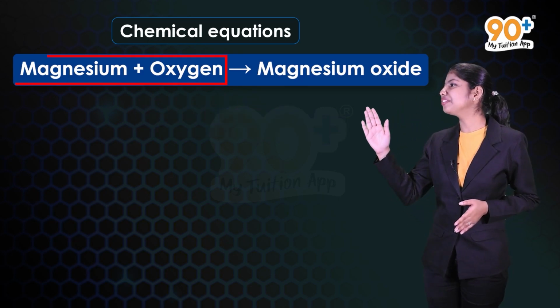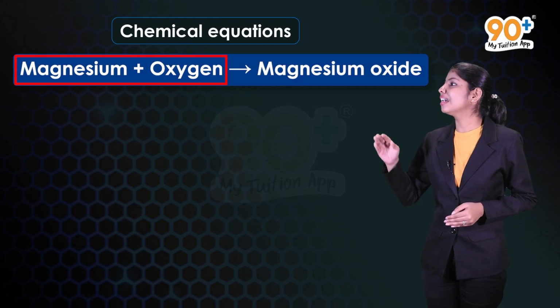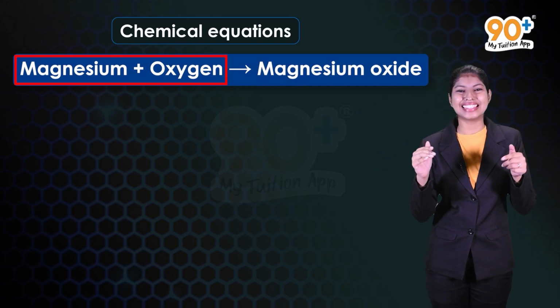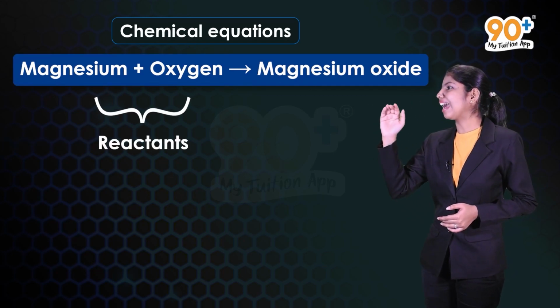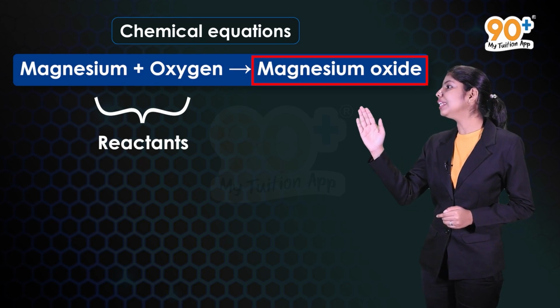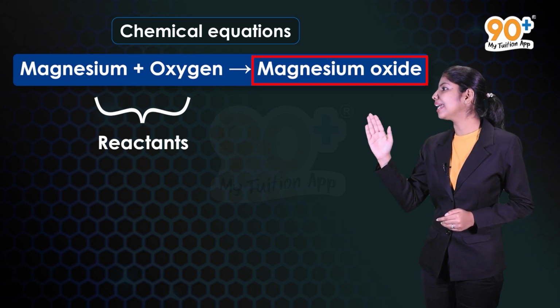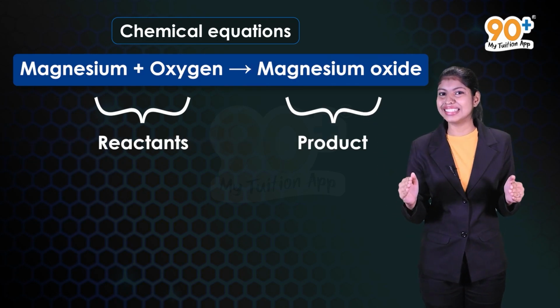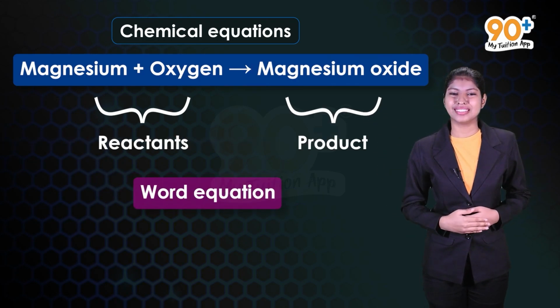Here the left hand side or LHS contains magnesium and oxygen, right? Yes, they are called reactants. On the right hand side or RHS, the newly formed substance is magnesium oxide, which is called the product, and this is known as a word equation.